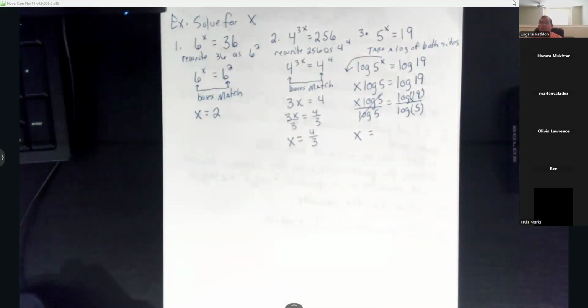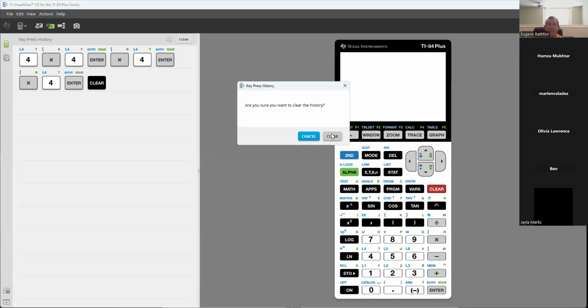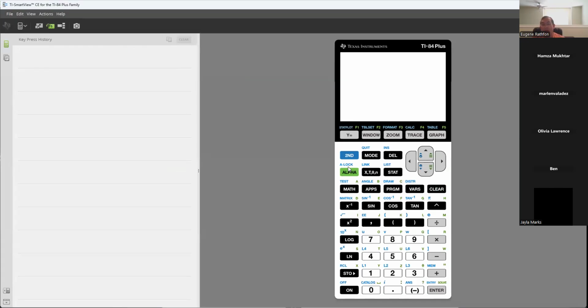So y'all, there's only one way to do this, and that's on our calculator. So I'm going to clear everything off. Now, I always make mine look like a fraction by hitting the alpha y equals and enter. All right, so on top I had a log of 19.